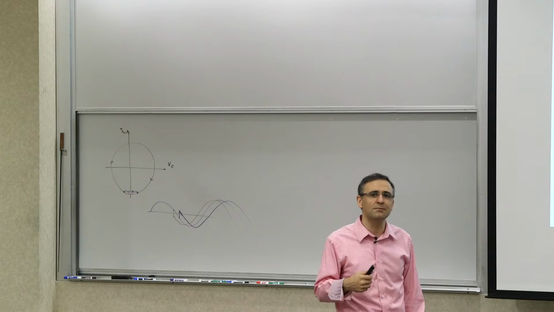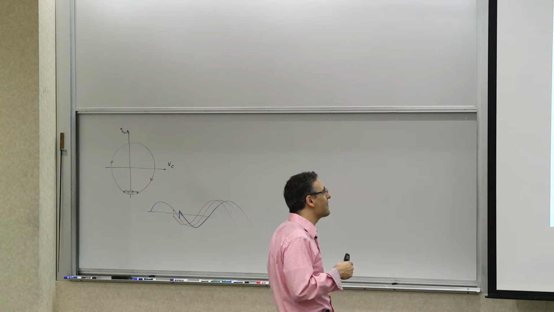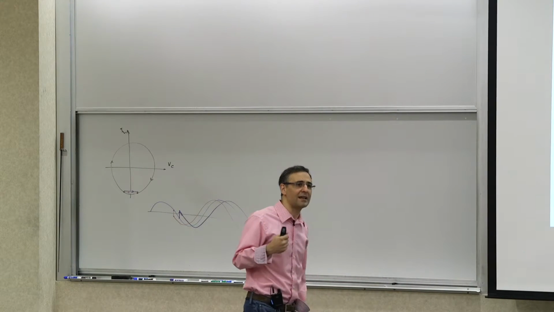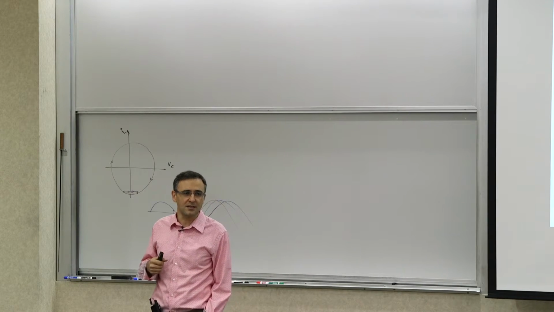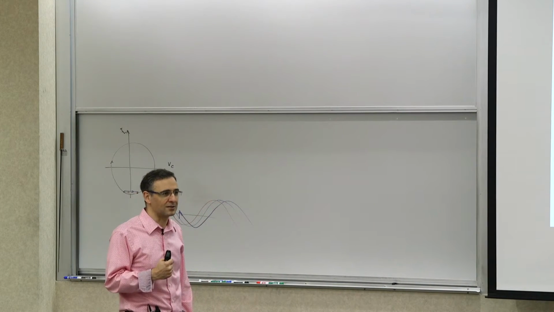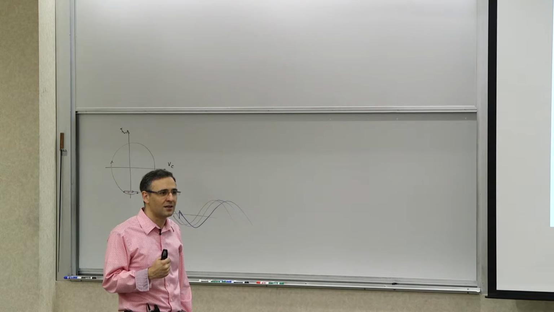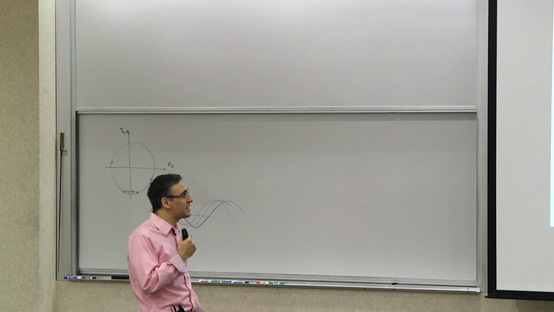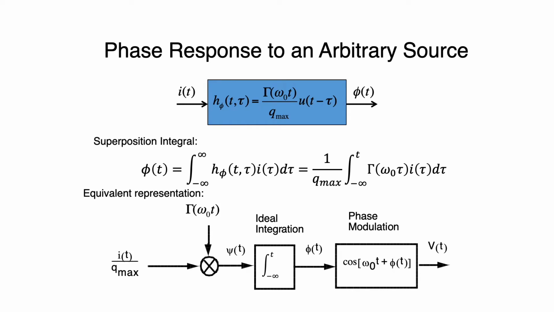Now, if you have the impulse response of an LTV system, linear time varying system, you know everything there is to know about it, right? So we can take advantage of that and write what's called the master equation, which is basically the superposition integral.